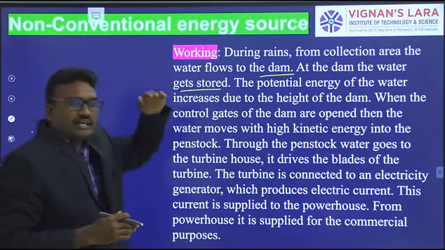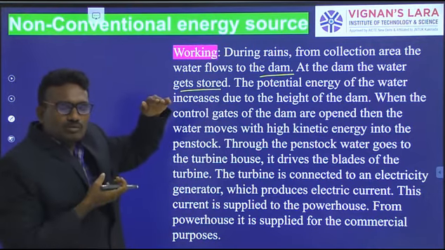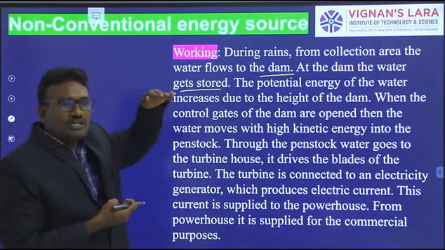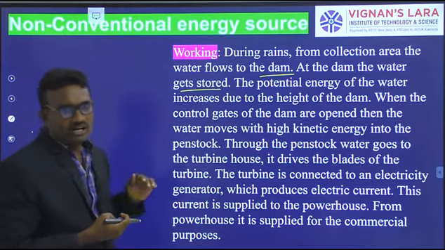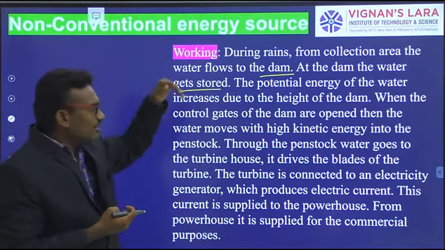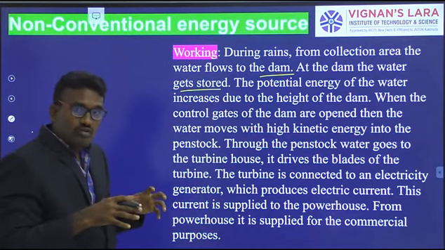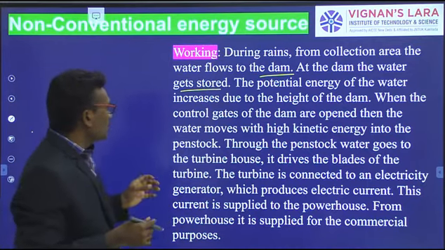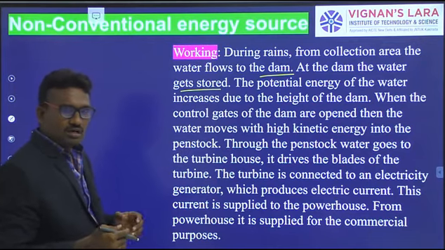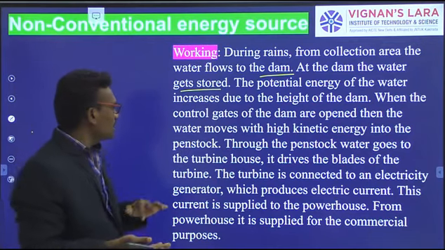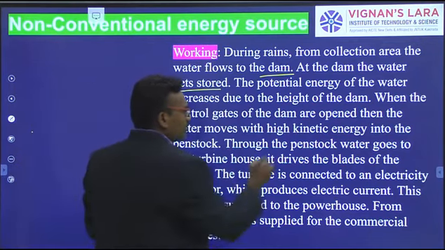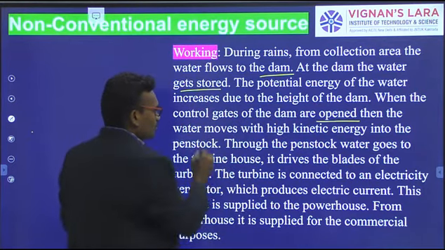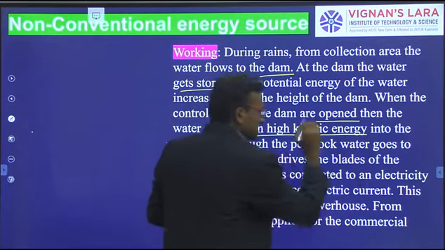With a high dam, more water can be stored and the height of the water level increases, so it has more potential energy. When the control gates on the outside of the dam are opened, the water moves with high kinetic energy.